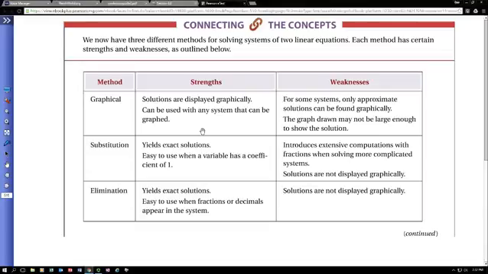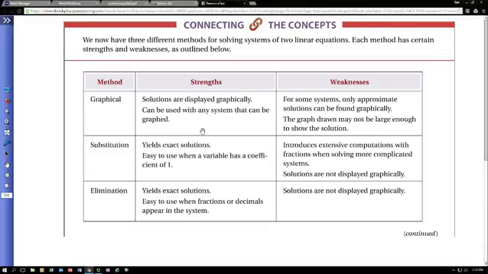You might end up in a scenario where you'd have 35ths, and I'd have to draw graph paper where every grid line would be 1/35th to be accurate, and that gets to be not practical.